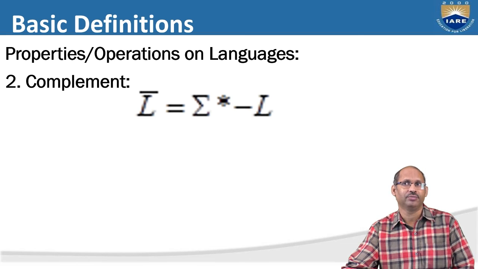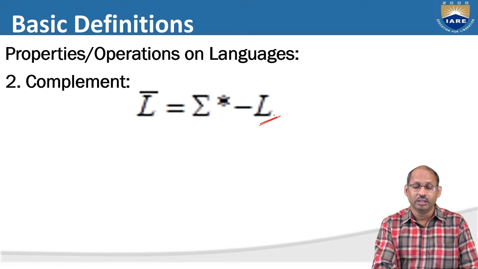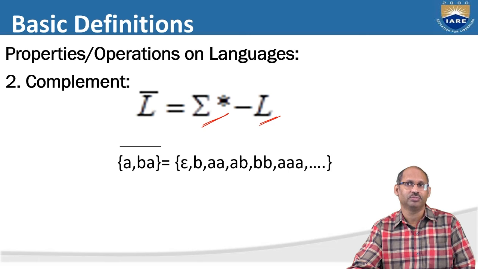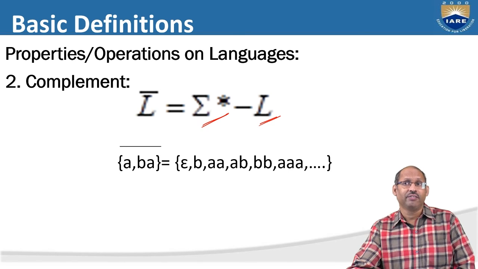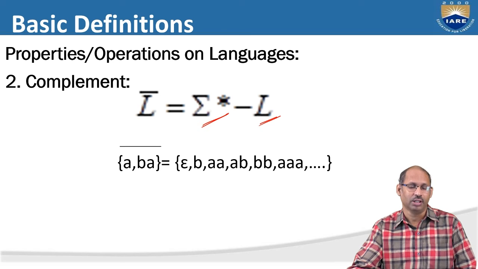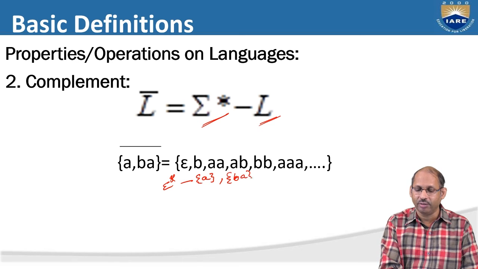Next, complement. A language L subtracted from the star closure of the alphabet. What is the star closure of the alphabet? It consists of all the strings of lengths from 0 to infinity. So for the language A comma BA, the complement is the star closure minus A comma BA.